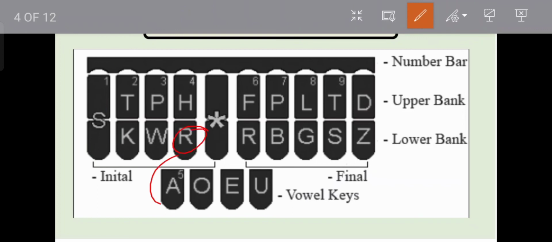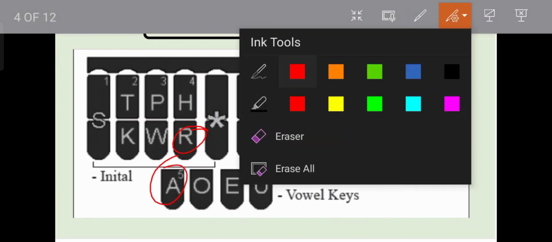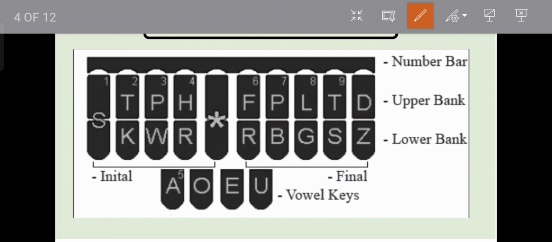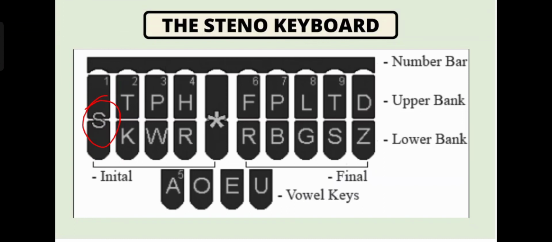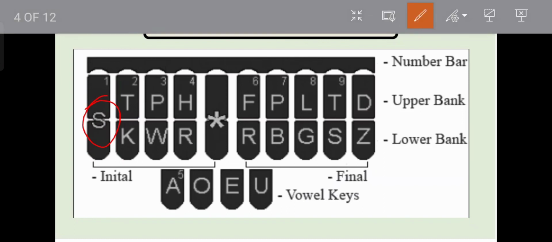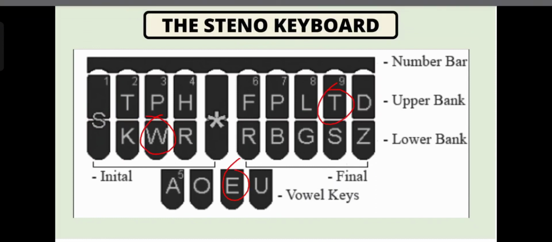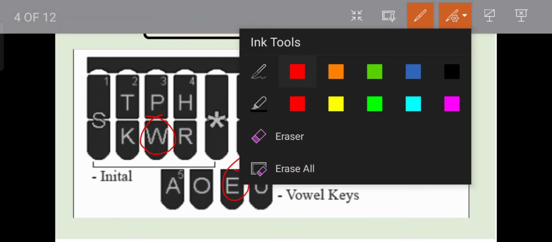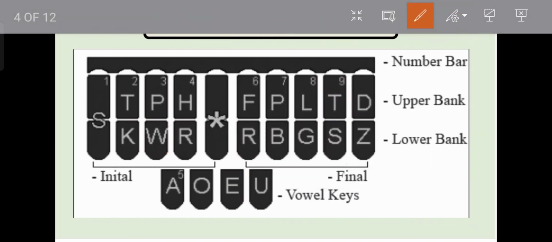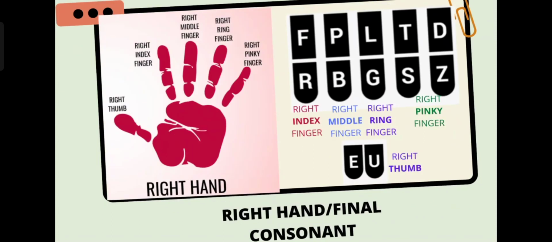R, A, G, that's rug, one press, one stroke. Is is the initial S, since it's on the left side of the dash. And wet is W, E, and T. And since it ended with a question mark, press ASTPH.